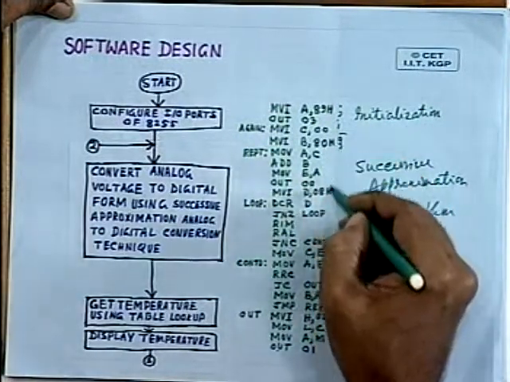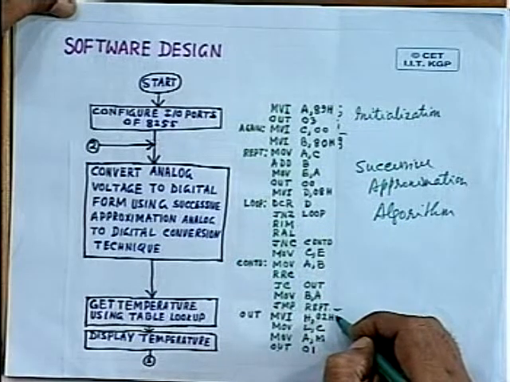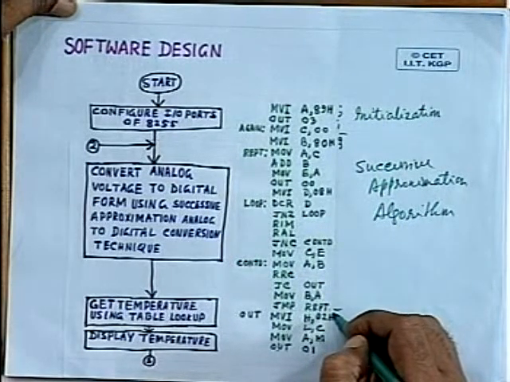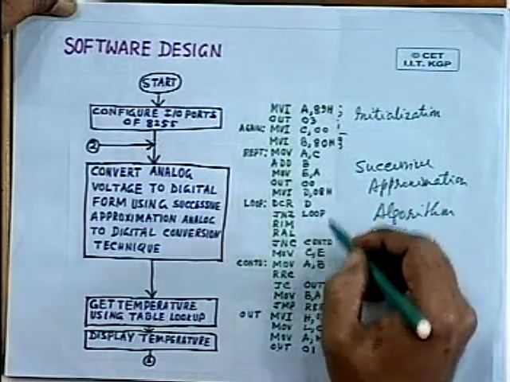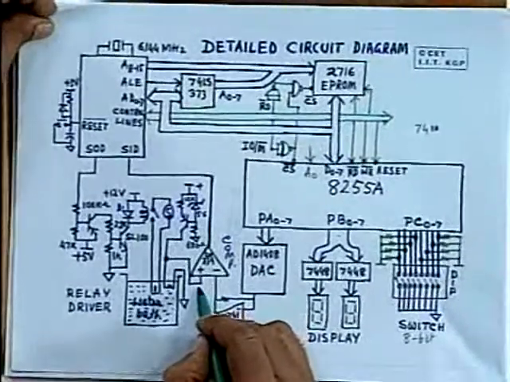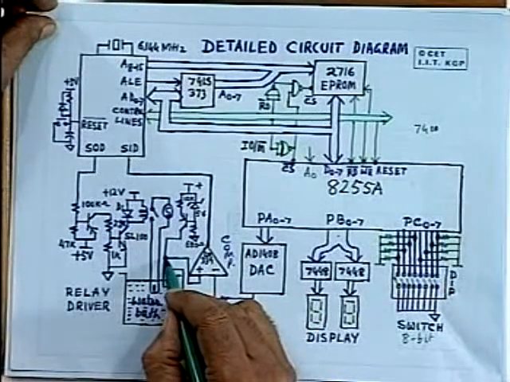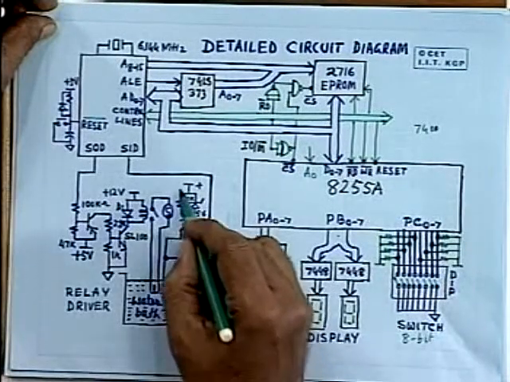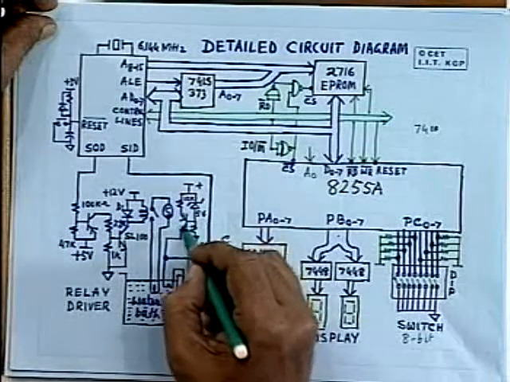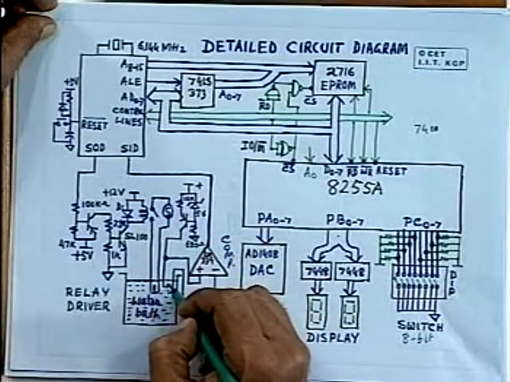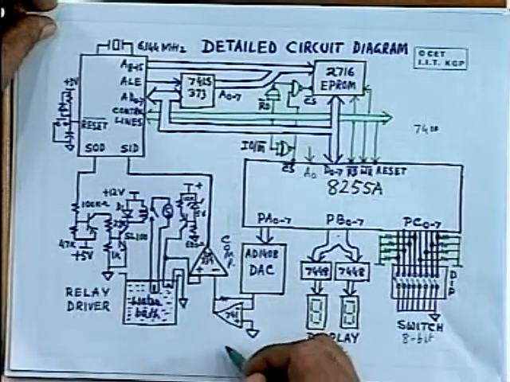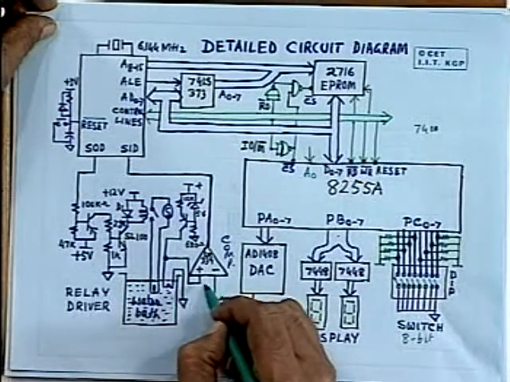And after the successive approximation algorithm is done, we get a digital value corresponding to the analog voltage generated at the output of this sensor by passing constant current. This is the constant current generator which is allowed to pass through the thermistor, and the voltage generated here is the same as this one.